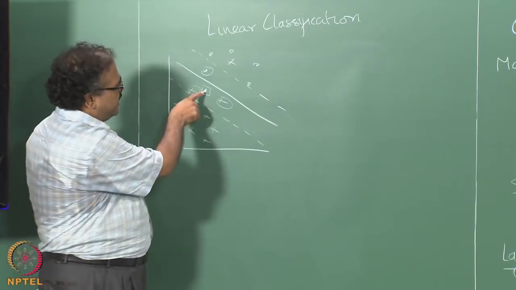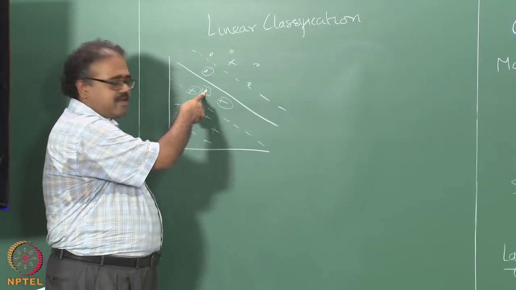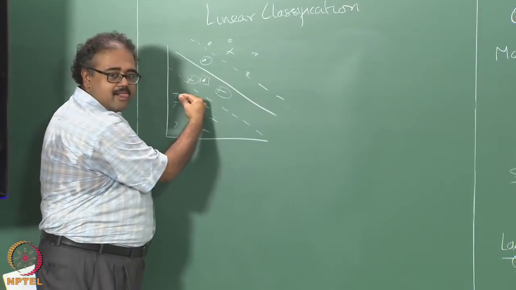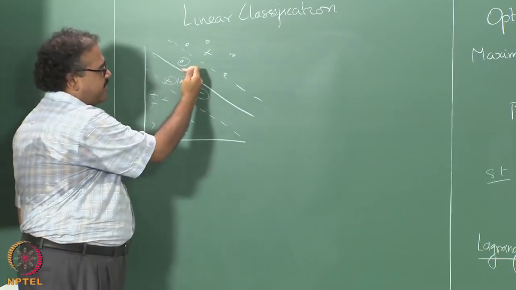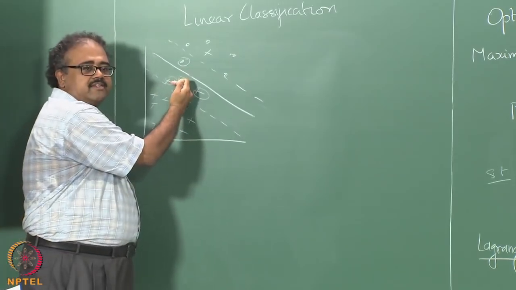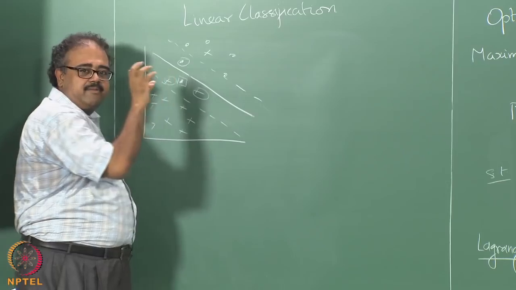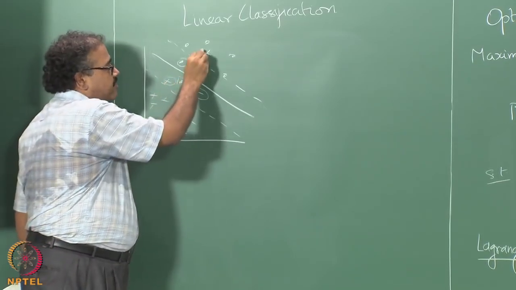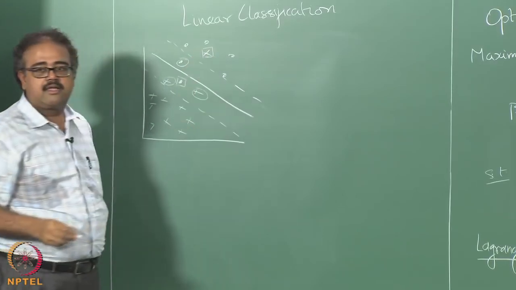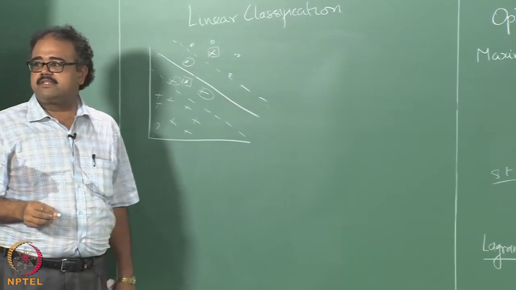If I try to get this correct, there seems to be a gap between the points. If I moved my classification surface below, then the margin would be reduced even further. So it's okay to get this wrong, but what about this one? Is he within the margin or outside the margin?